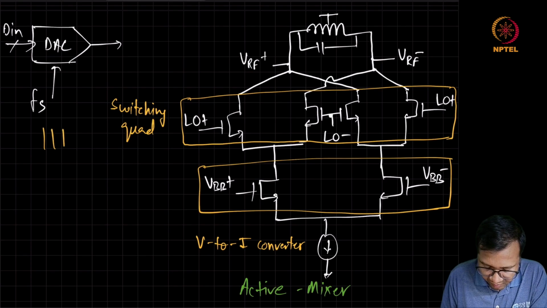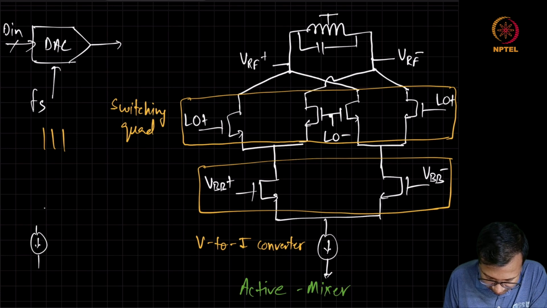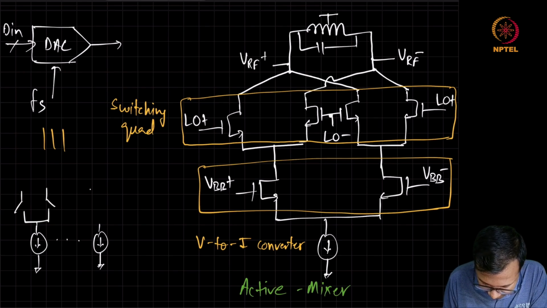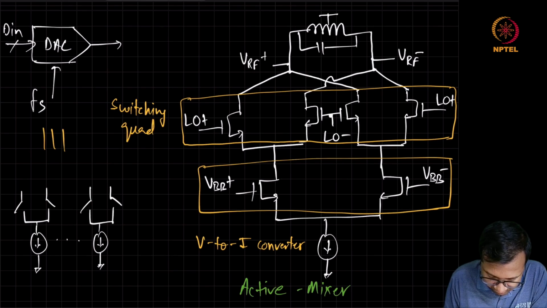So this DAC can be designed using a current steering topology which has these current sources and this current is steered towards the load depending on the digital code.